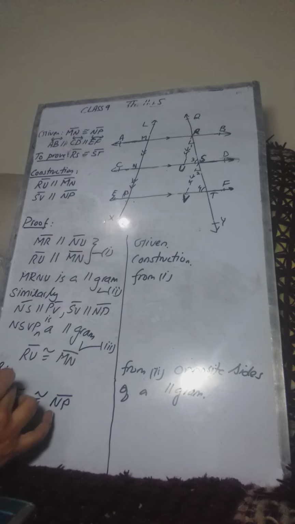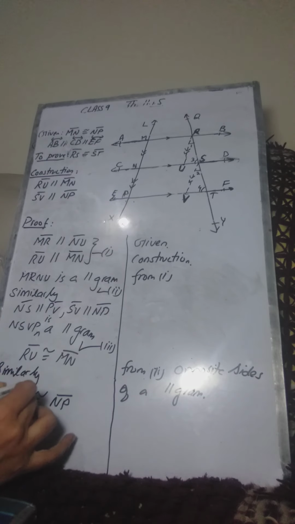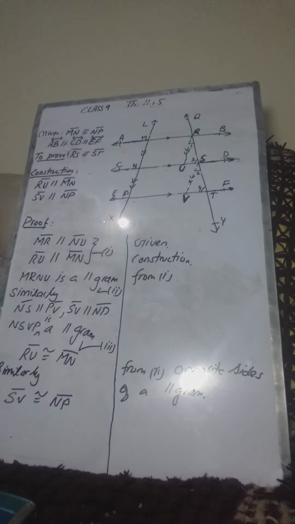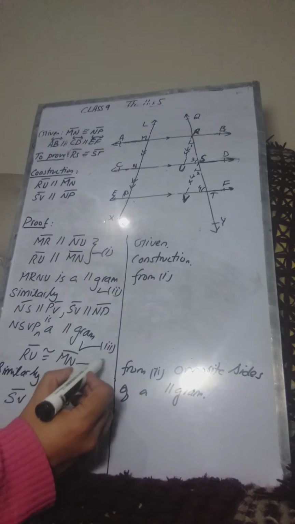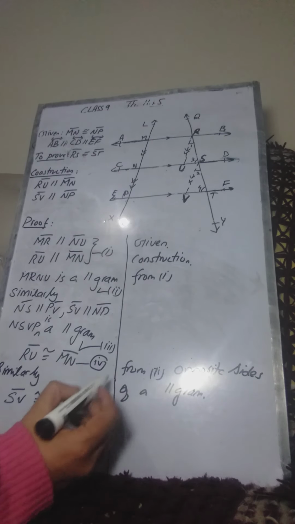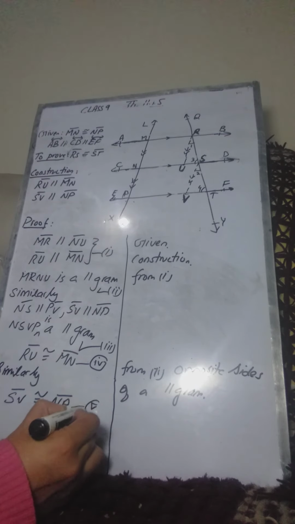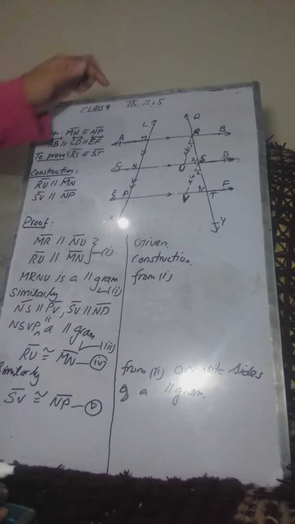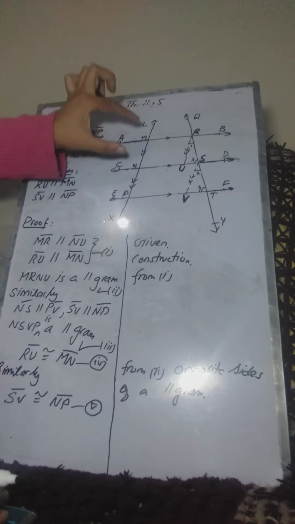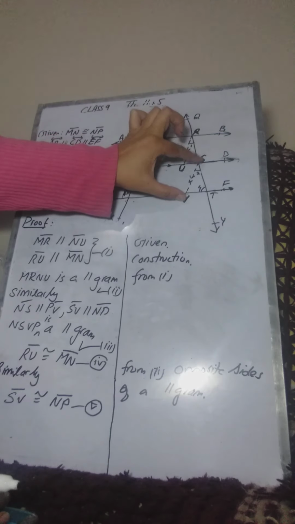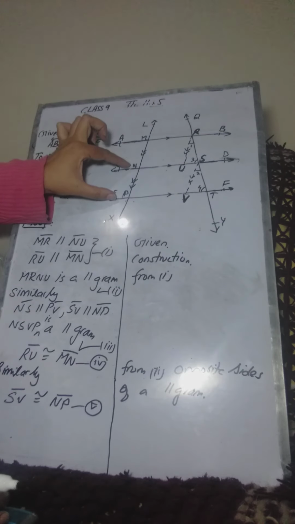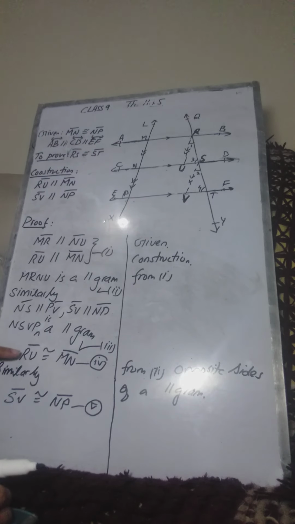Let me write similarly. We don't need to waste time on its discussion because it is the same as this one. Now this will be equation 4 and this is going to be equation 5. So what we have got here is RU is congruent to MN and SV is congruent to NP. Now we know that MN is congruent to NP.